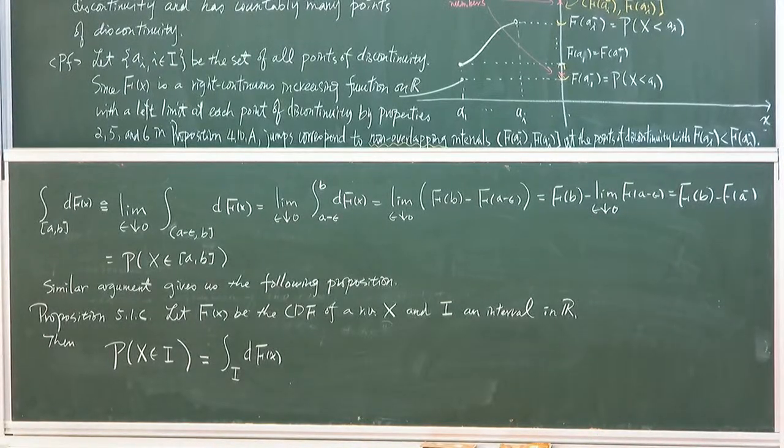Other questions? Okay, so from the CDF, we can compute the PMF. Conversely, given the PMF, we cannot recover the CDF, except when the random variable is discrete. Why? For a discrete random variable, the CDF is stepwise, right? It's not like this one.